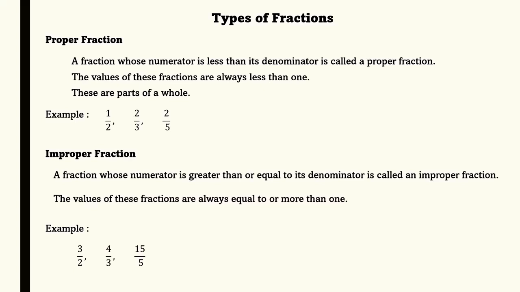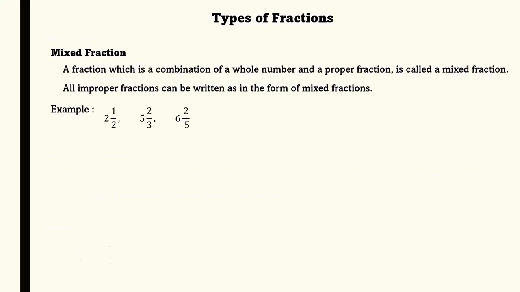A fraction whose numerator is greater than or equal to its denominator is called an improper fraction. The value of these fractions are always equal to or more than 1. Mixed fraction. A fraction which is combination of a whole number and a proper fraction is called a mixed fraction. All improper fractions can be written as in the form of mixed fractions.